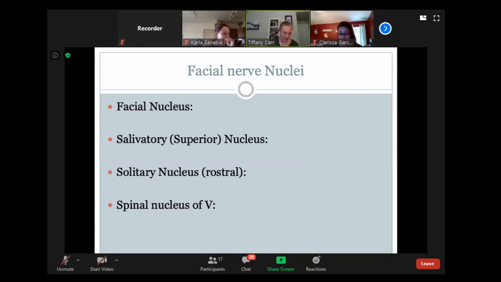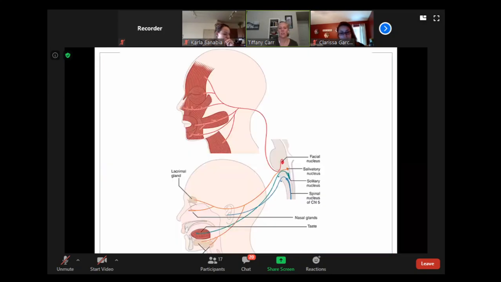So the solitary is going to accommodate for our taste, the anterior 2/3 of the tongue, in the pons again. The spinal nucleus is the spinal nucleus of the 5th trigeminal nerve, and it's going to do sensory information from the ear canal and the oral region, which is the larynx, to the medulla, as Kayla said.